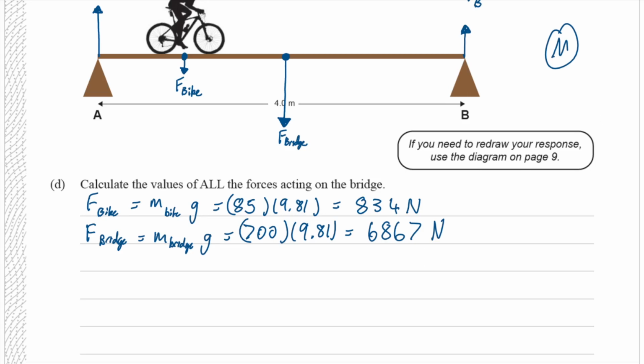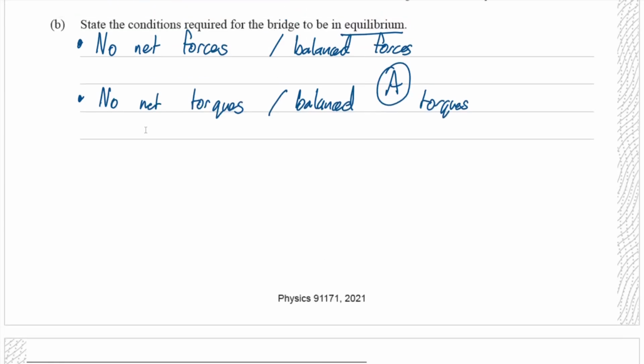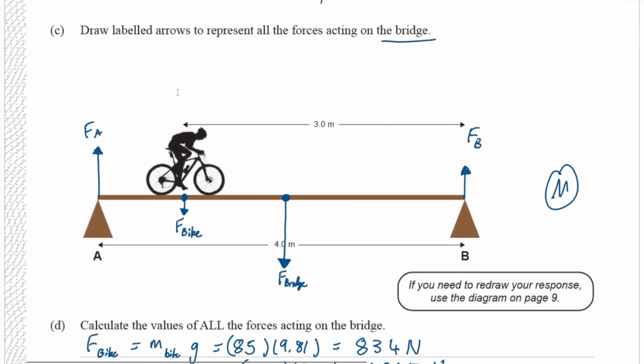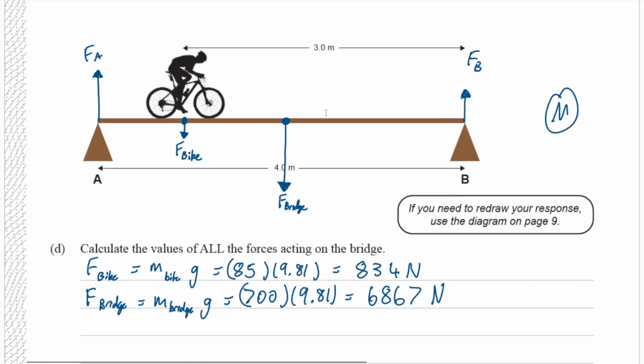So this is where we need to use the second equilibrium condition, right? No net torques, but to get there we need to work out the torques, or they're sometimes called moments. So you could pick any pivot point, so we could pick about point A. I'll pick about point B. However, I do encourage you to try about point A to see that you get the same results, right?